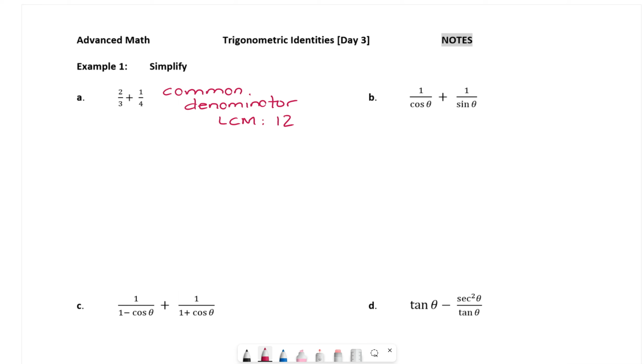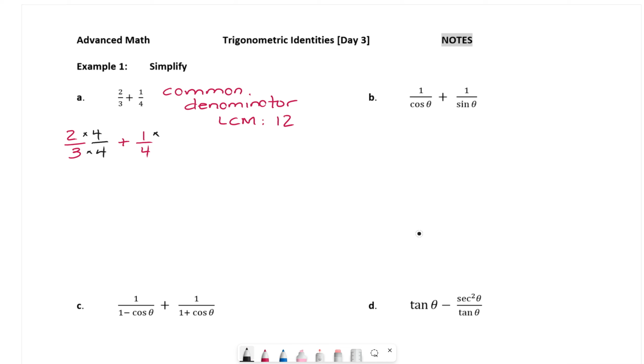So in order to do that, we would take the first fraction, 2/3, and in order to convert the 3 into a 12, we would multiply top and bottom by a 4, because in essence what you're doing is multiplying 4 over 4, which is a 1, and when you multiply by a 1, you aren't changing the value of the fraction in and of itself.